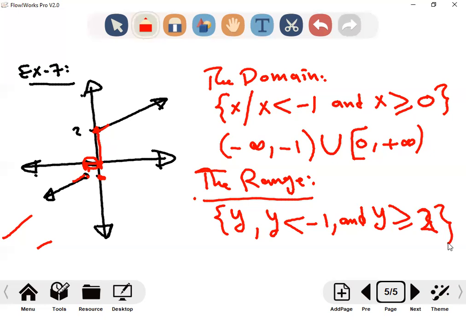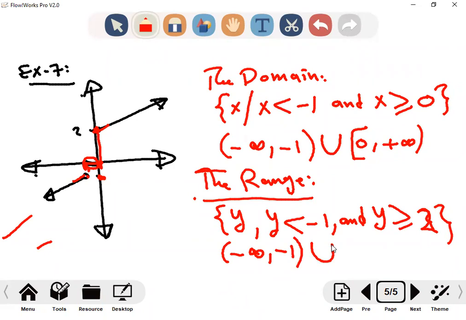How about the interval? The interval shortcut. We said it's from -infinity to where? To -1, and the parenthesis at -1 means it is not included, right? Union, big U, like this.